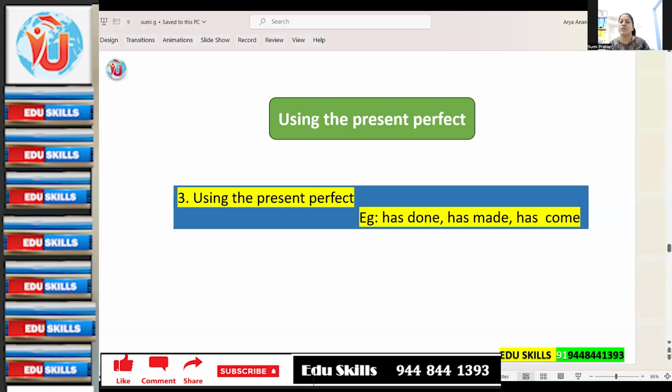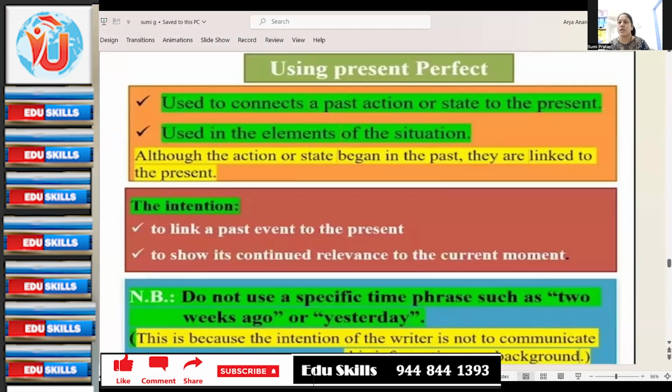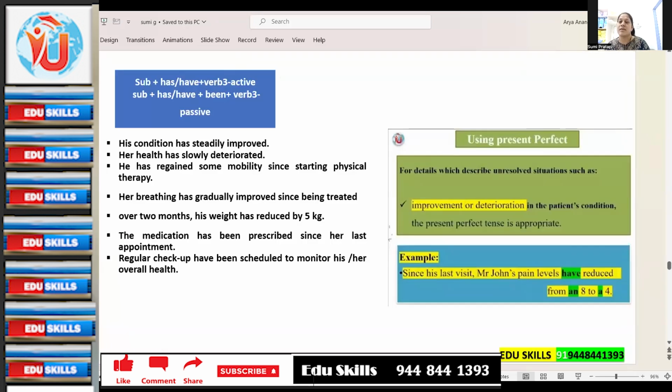Before I told you that we are always using the patient as third person, so just has is okay. Then we have to write verb 3. For example, we can say here the condition has steadily improved. Improve, improves, improved. This is V3 we have to write. So keep it in your mind that it is always present perfect if we are using has plus V3.